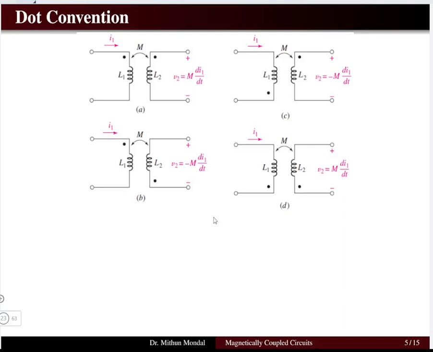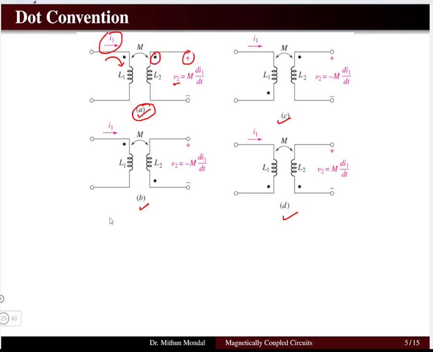Now four different orientations of the coils may be there in accordance with how the current is flowing in the coils. Let us take the first case. In the first case we can see that the current I1 is entering a dot in the first coil L1, and the voltage V2 positive polarity is in the same way as the dot where the coil is placed.